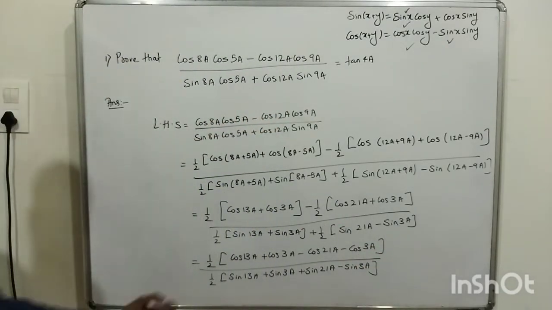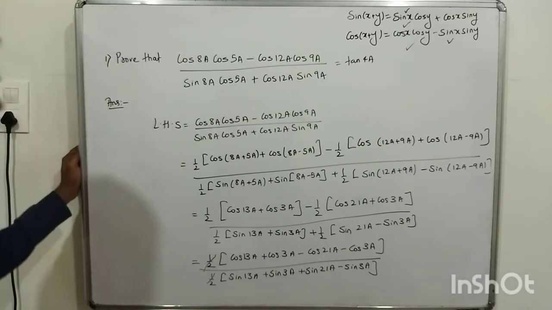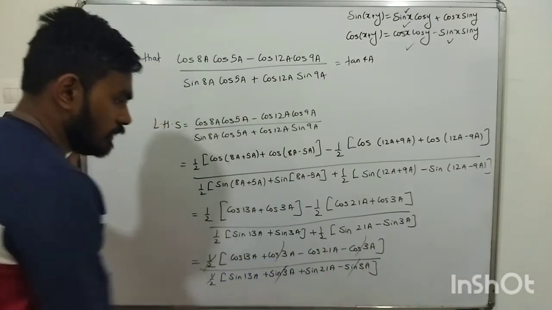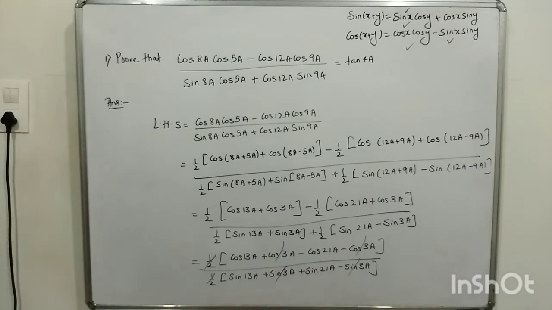Now the half we can cancel, cos 3a we can cancel, and sin 3a we can cancel. So what is left now is cos 13a minus cos 21a upon sin 13a plus sin 21a. Those you have to solve and get that answer. So let's see how we get that.